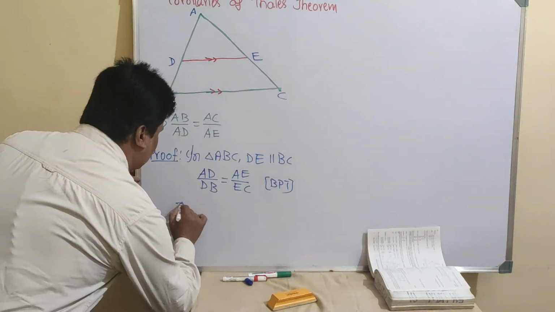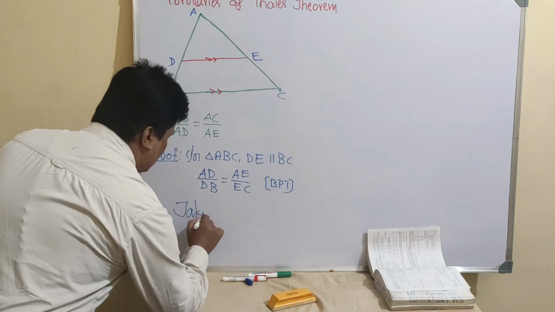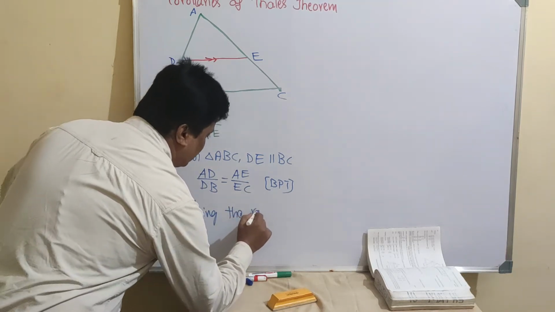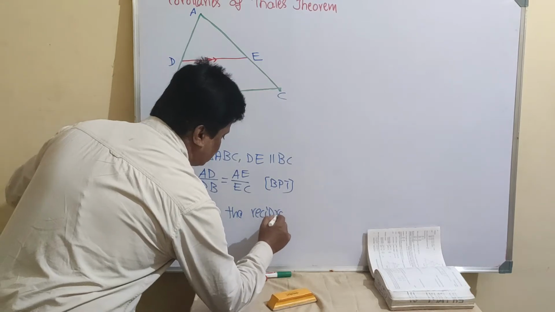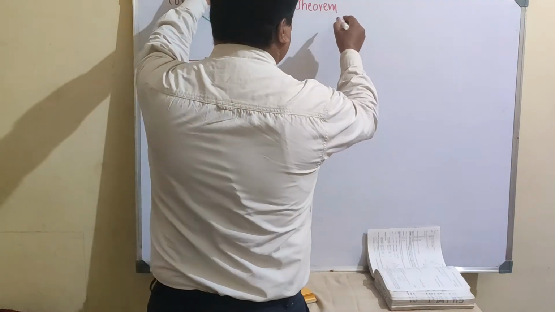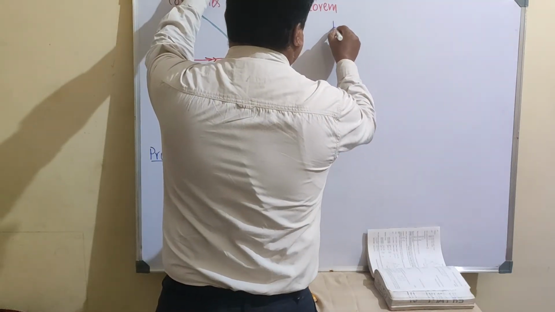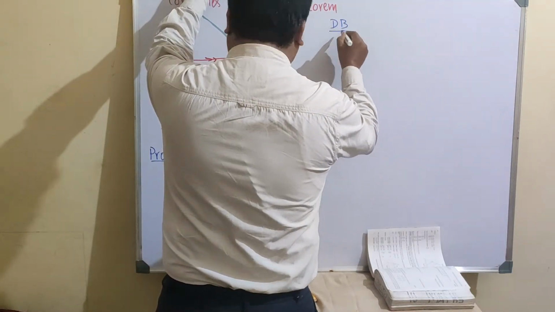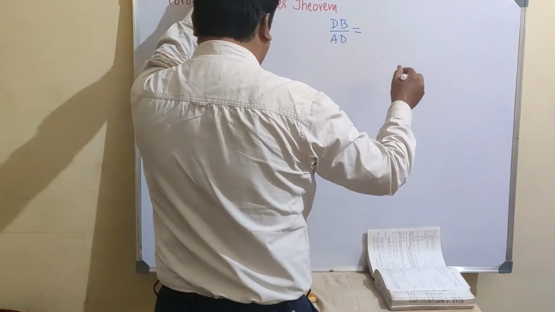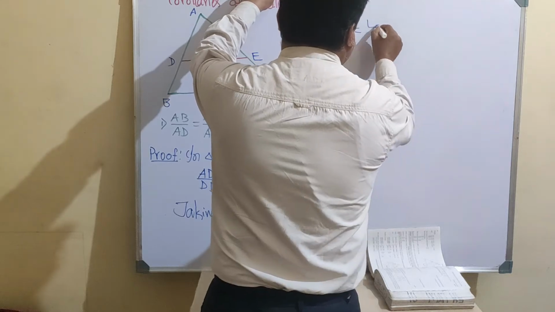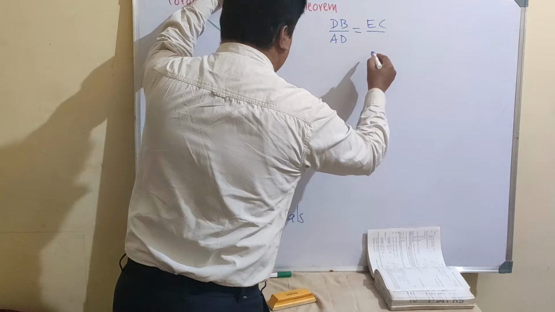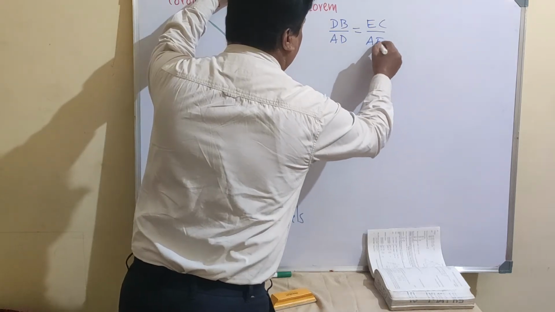Taking the reciprocals, we will get DB by AD is equal to EC by AE.